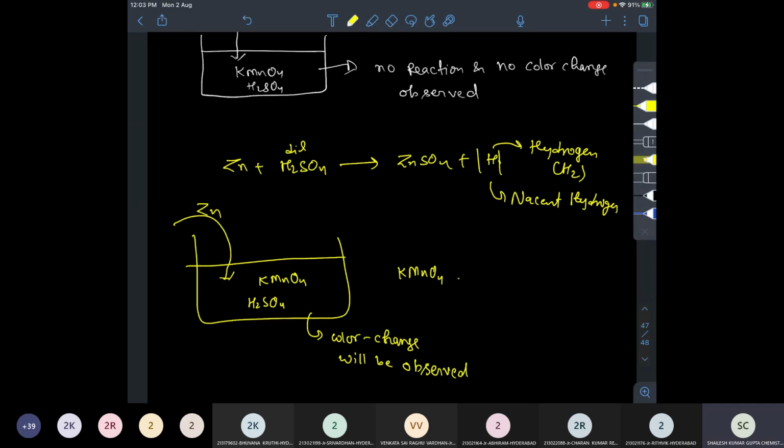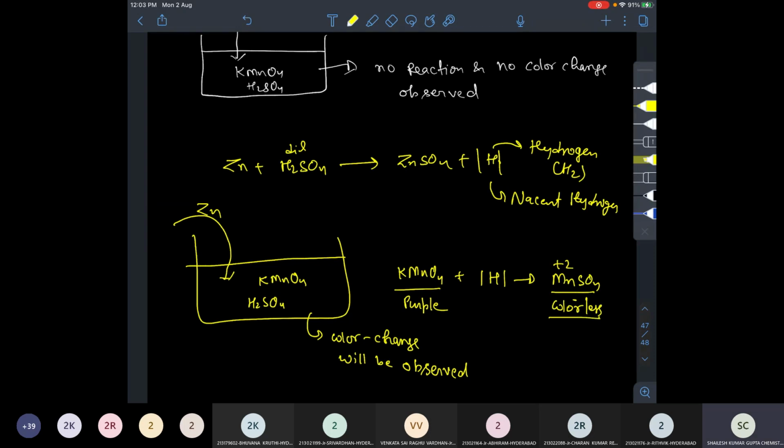KMnO4 is going to react with the nascent hydrogen and get reduced to Mn2+, MnSO4. It was purple, and this is almost colorless, although a very weak color is there. We will not use the word colorless, you can see that.